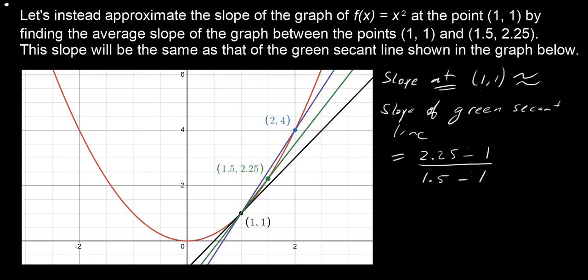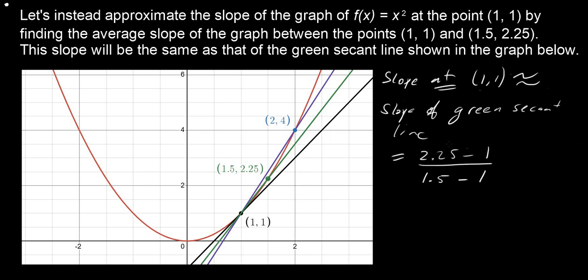And by the way, in case you don't know how we get the y coordinate, the function is x squared. So to get the y coordinate, you just take the corresponding x coordinate and square it. In other words, 1.5 squared gives you 2.25. So that's how I know that second point on my graph of f of x equals x squared. And for that matter, I know 1, 1 is a valid point because the square of 1 is 1.